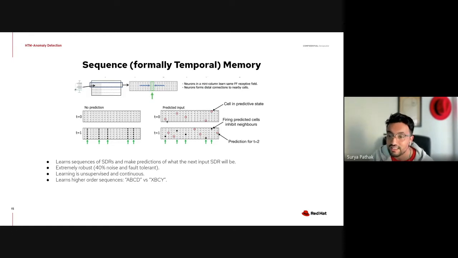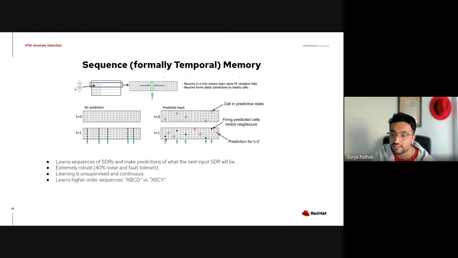So these neurons are predicting that my next state at t equals 1 will be the active columns. And that actually happens over here. At t equals 1, the prediction comes true, so the neurons in the corresponding columns become active.